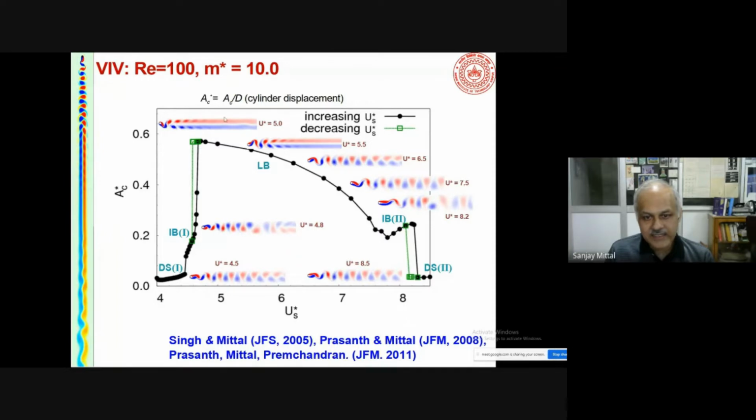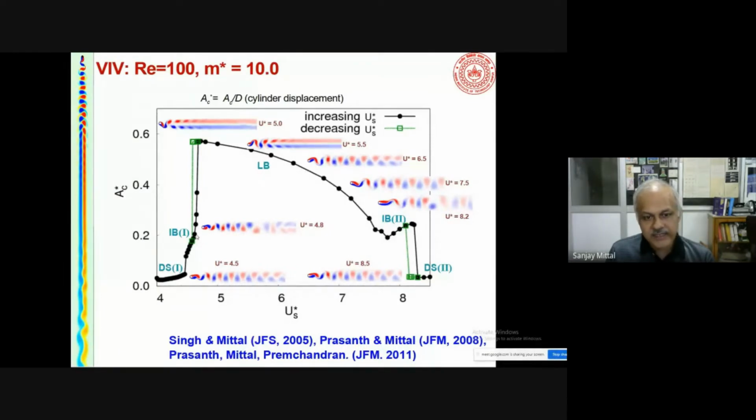And then here is a U star range where something interesting happens. First the cylinder goes through some vibration, and it gives some kind of a beating phenomenon. You get a high amplitude frequency, but that is on an envelope of a very low frequency. That's why you get these beats. I have not shown the time histories, but you can take my word for it.